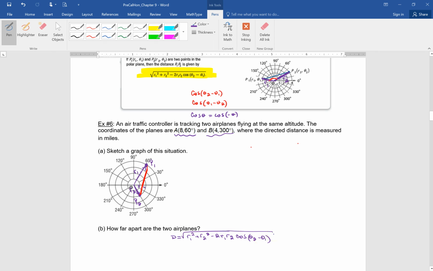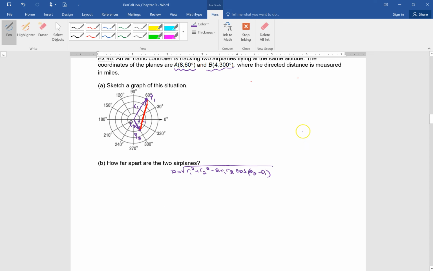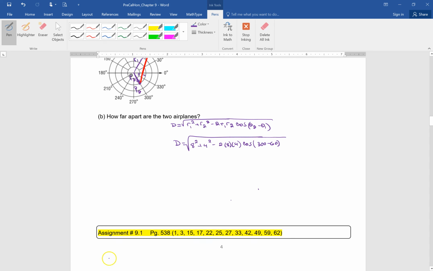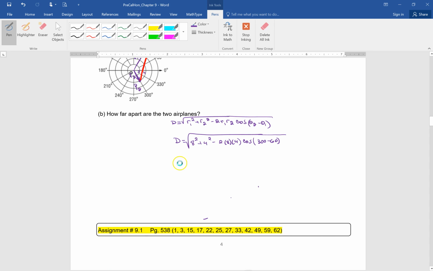So what is my r1 and r2? 8 squared plus 4 squared minus 2 times 8 times 4 times cosine of 60 minus 300. It's the cosine, we don't care. Just calculator from here.